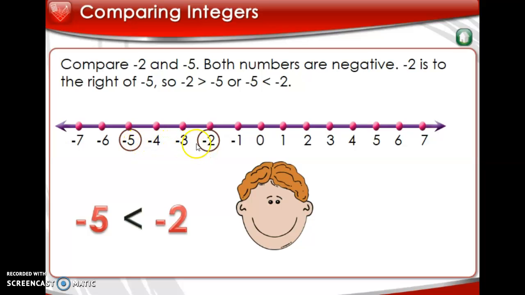So, who is closest to the 0? Negative 2. Now, negative 5 is less than negative 2, or negative 2 is greater than negative 5.